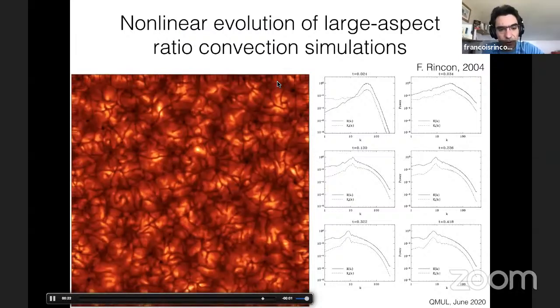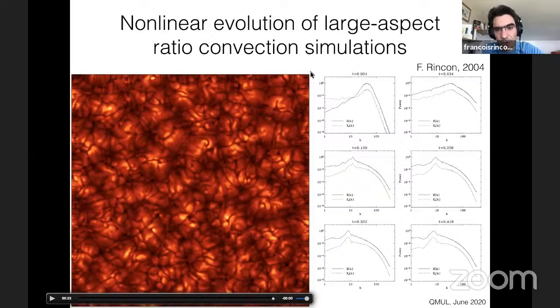But the specificity of the simulation you are seeing here is that the vertical dimension, where gravity is, the out of plane direction here, the size of the domain is just 1. If you call that 1, then the horizontal dimension that you see here is 40. So it's a very wide simulation compared to the thickness of the convection layer.